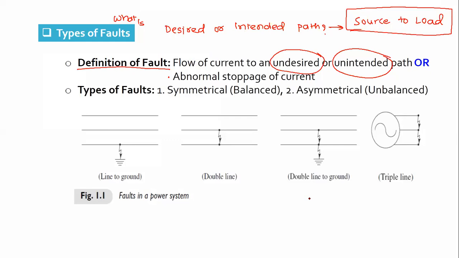It must flow from source to load through the conductors of different equipments like the generators, transformers, transmission lines, motors, everything. So we provide insulation so that current flows on its intended path.